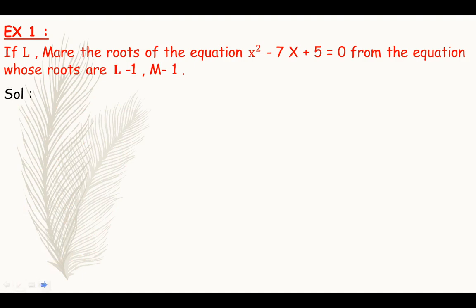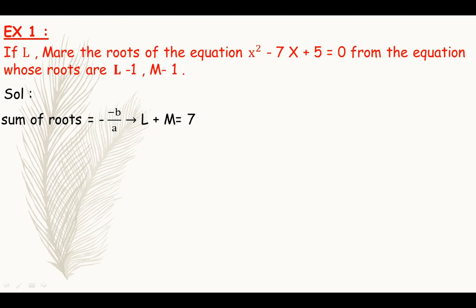Okay, solution again. First, we are going to talk about the old equation, x power of 2 minus 7x plus 5. The sum of the roots equals negative b over a, and we will translate the sum of the roots to L plus m.